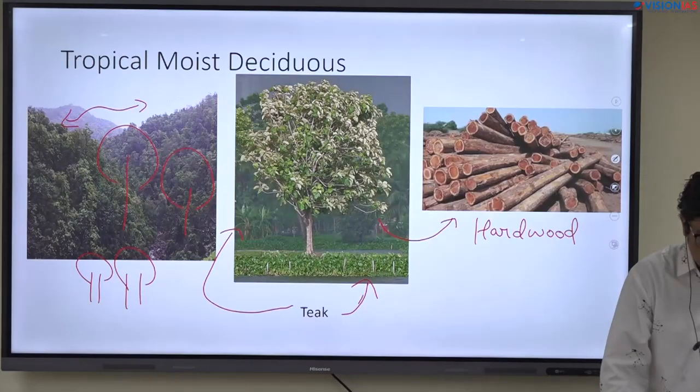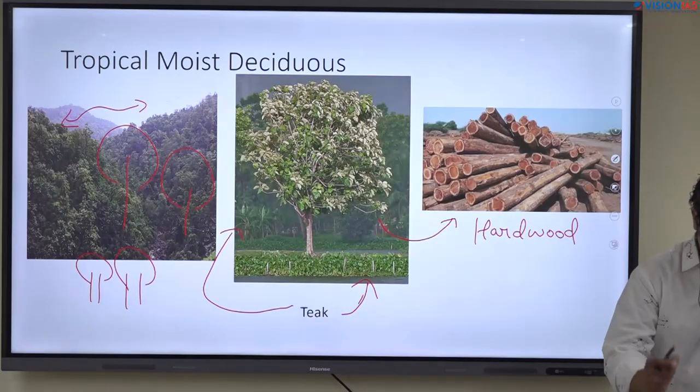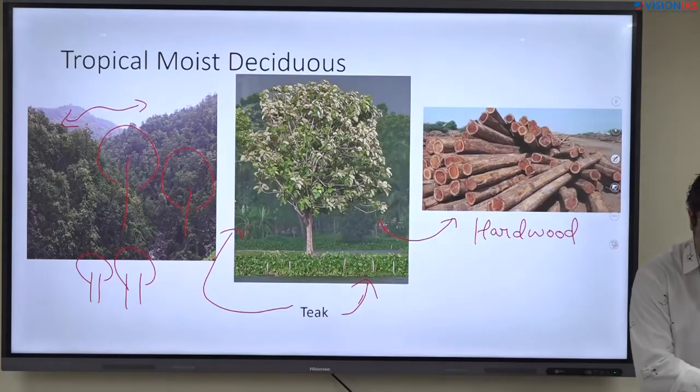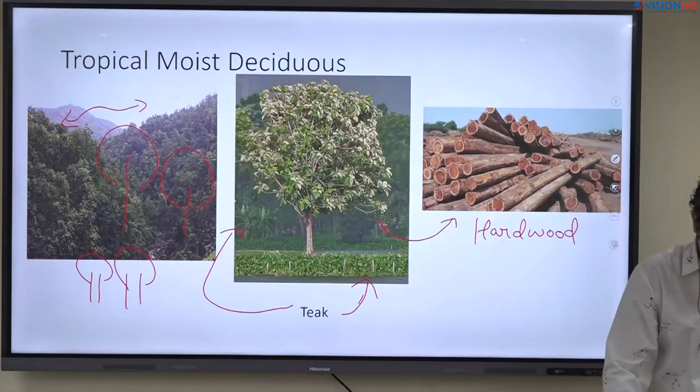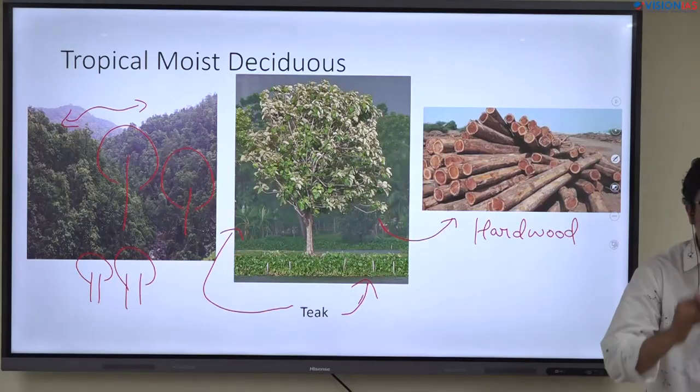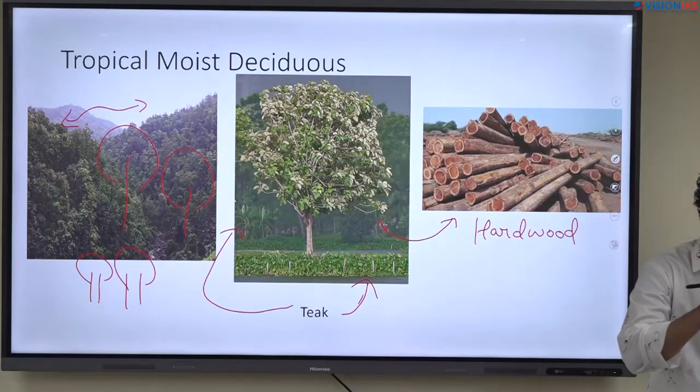Other species found in this forest are sal and amla. There are other trees which you will find here. It's comparatively easy to exploit this forest. Commercial exploitation is easy. Due to what? Due to a high degree of gregariousness. Gregariousness means same, similar.